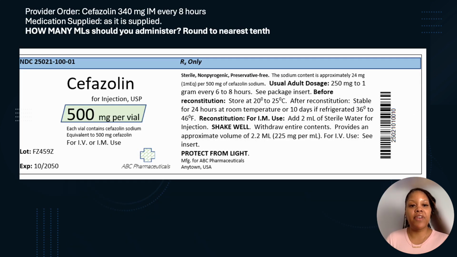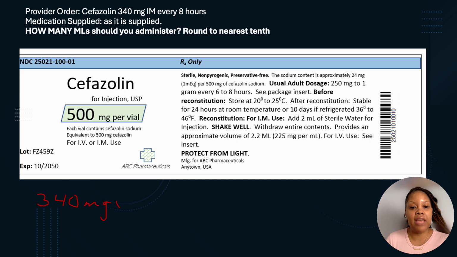It says that the provider order says cefazolin 340 mgs IM every 8 hours. The medication is supplied with the label below. So how many mLs should you administer, rounded to the nearest tenth? So we're going to start with the physician's order. The physician ordered 340 mgs.